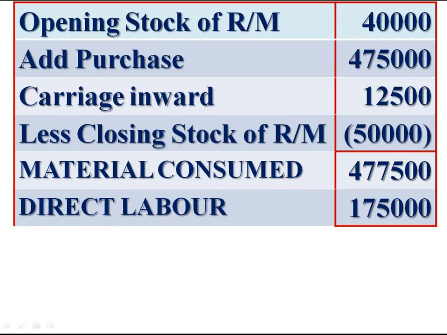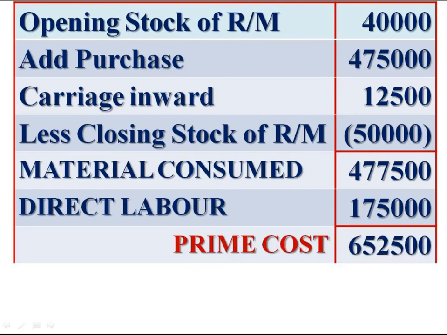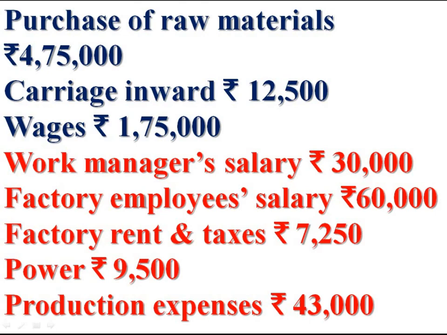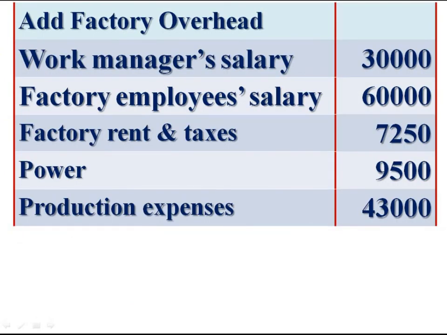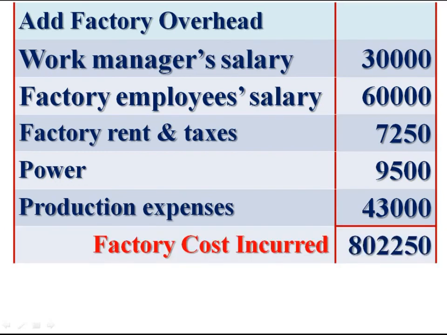Direct wages, that is direct labor 1,75,000. Add, we get prime cost 6,52,500. Add factory overhead. In this problem, we are given work manager salary, factory employee salary, factory rent and taxes, power and production expenses. These are factory overhead. Add them, we get factory cost incurred.